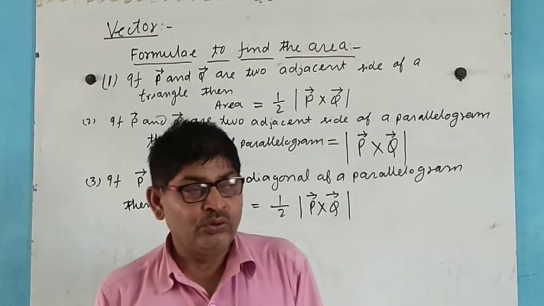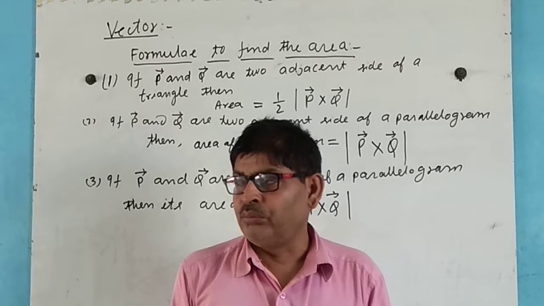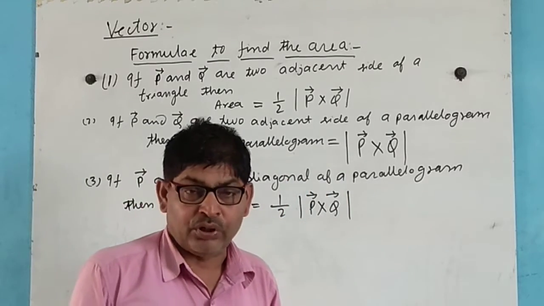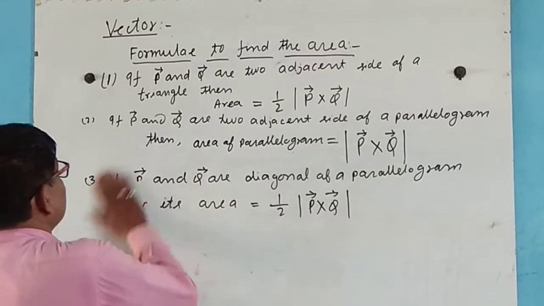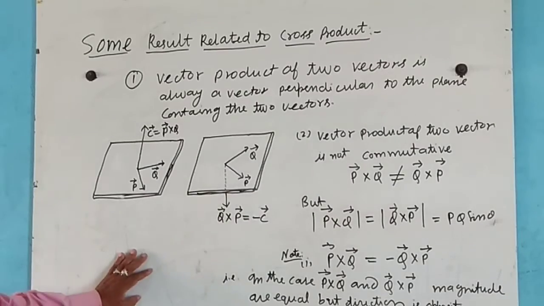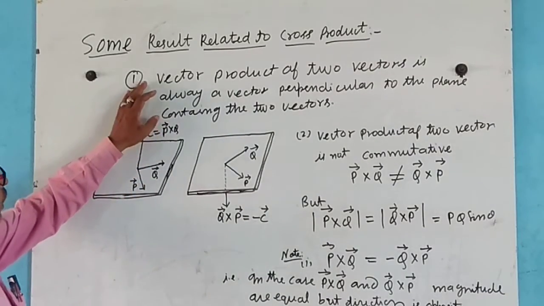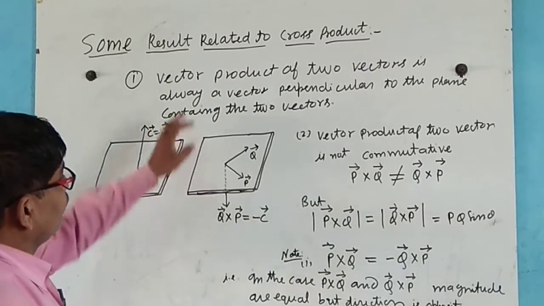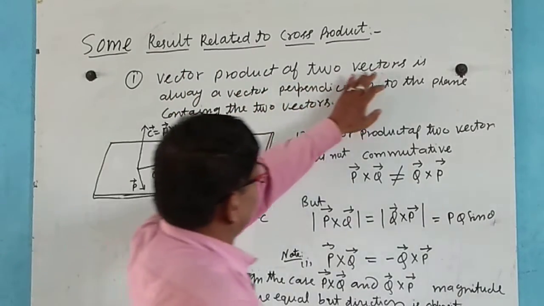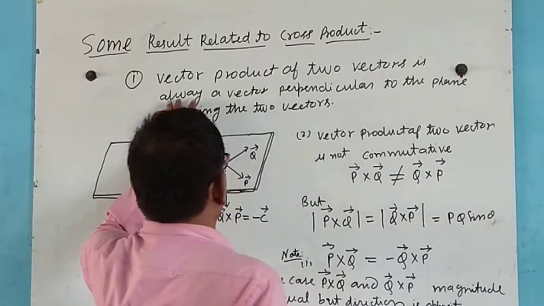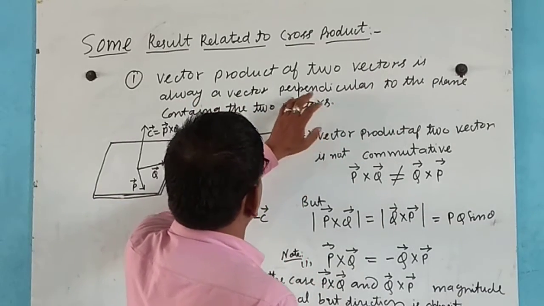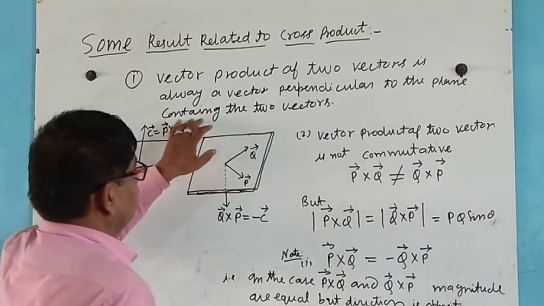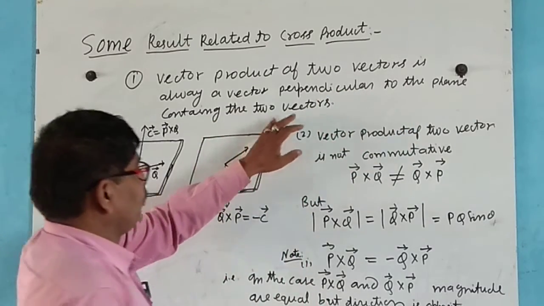Now we discuss some results related to the cross product. The vector product of two vectors is always a vector perpendicular to the plane containing the two vectors.